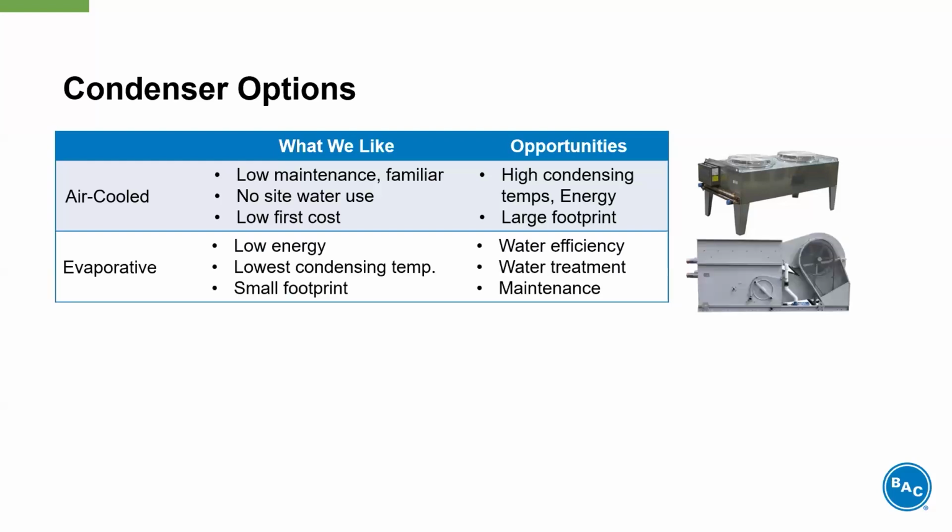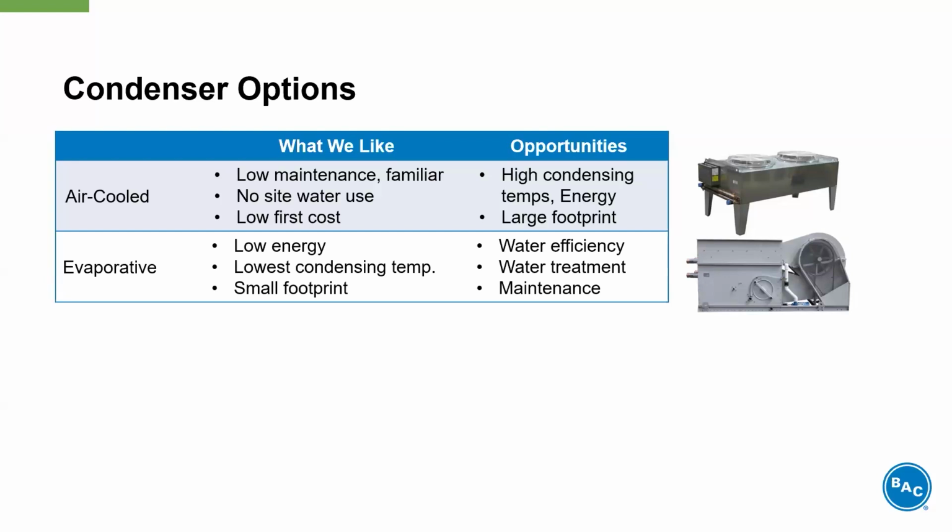Next, we have evaporative condensers. So with an air-cooled condenser, we have a dry fin coil. Most evaporative condensers are going to have a smooth, larger diameter coil that's designed and optimized for wet performance. So we're spraying water directly on the coil, and as that water evaporates off the coil, that's what's driving the heat exchange for the fluid inside the coil.